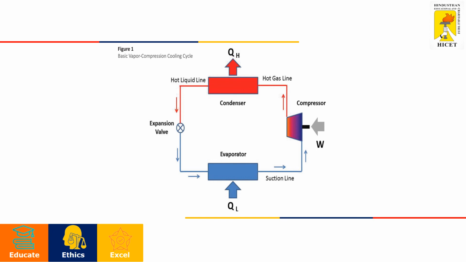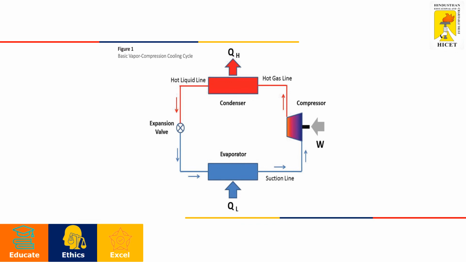So to convert this low pressure into high pressure, we use the compressor. The saturated, low pressure gas enters the compressor. When it is compressed, pressure increases, and as pressure increases, temperature also increases. So it comes out as a high pressure, superheated gas.